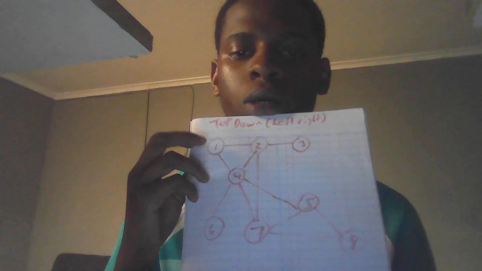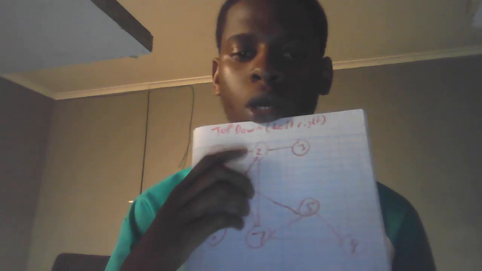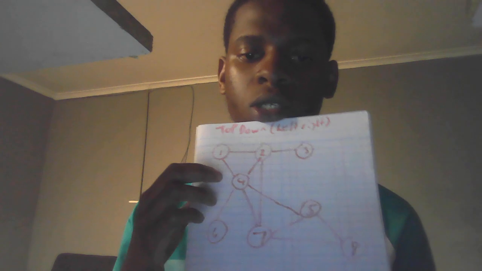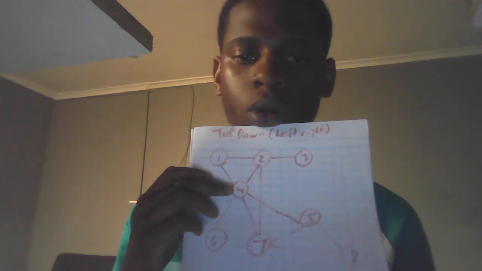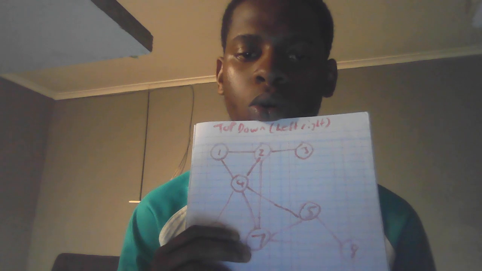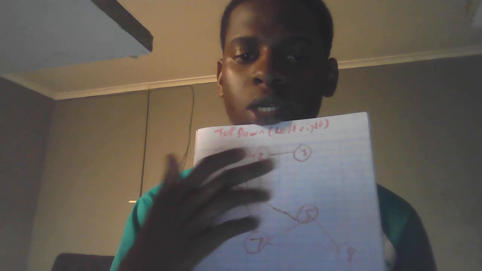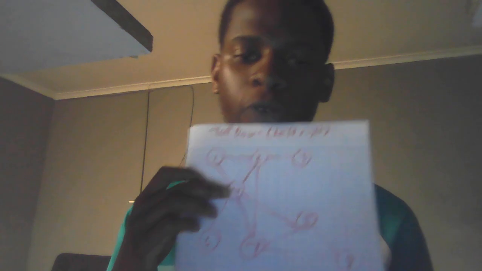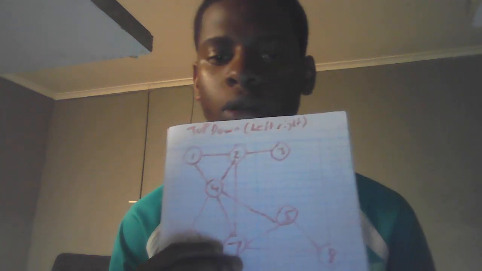Here 1 is connected to 2 and 2 is connected to 4. We move to 2. 2 is connected to 3, then 2 is connected to 4, then 2 is also connected to 7.